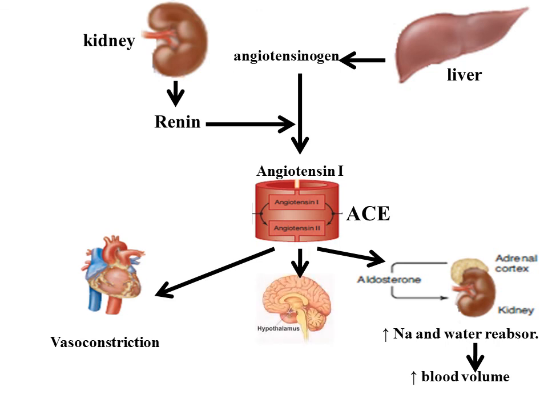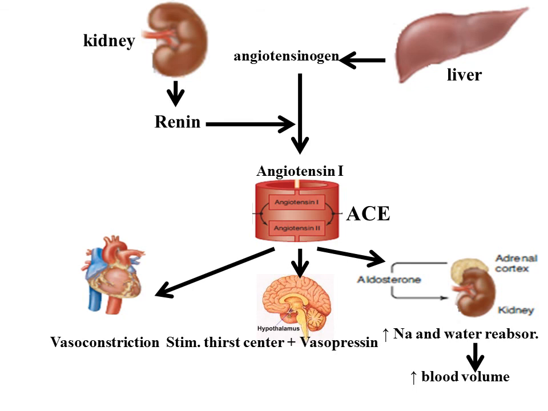and an increase in blood volume. Another effect, it acts on the hypothalamus and stimulates the thirst center to increase water intake and also increases the release of vasopressin. What is vasopressin? A hormone secreted by the posterior pituitary gland, called vasopressin because it causes vasoconstriction.